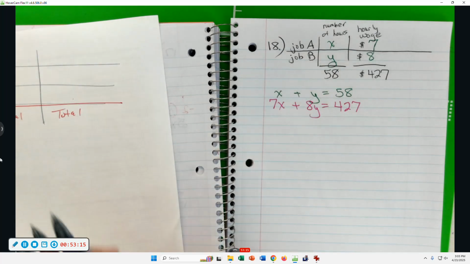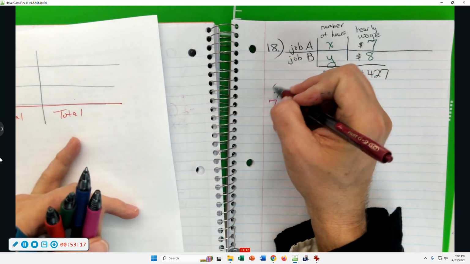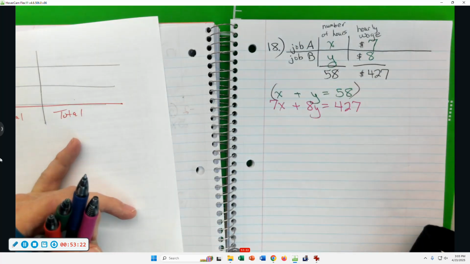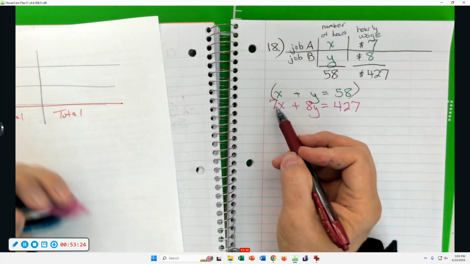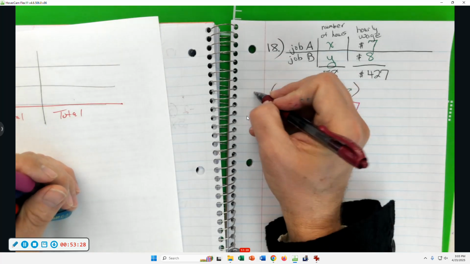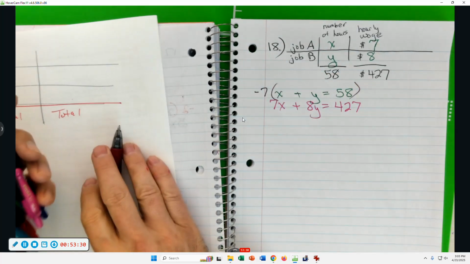To eliminate x, we're going to have to multiply this equation by -7. Remember, you want the same number but opposite signs. So we can multiply that first equation through by -7.